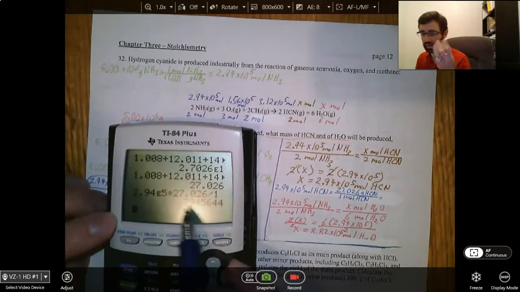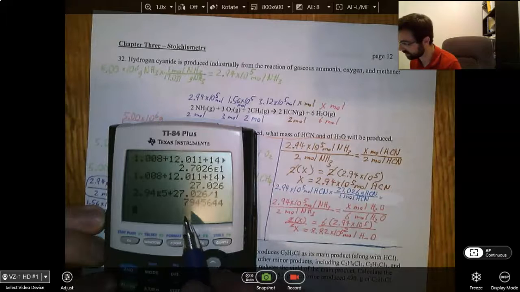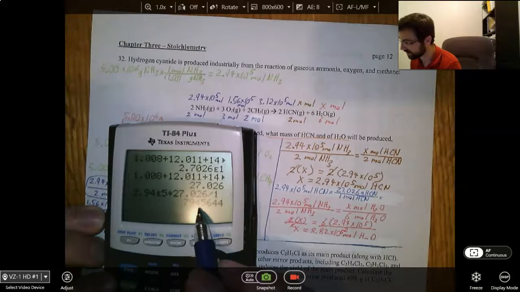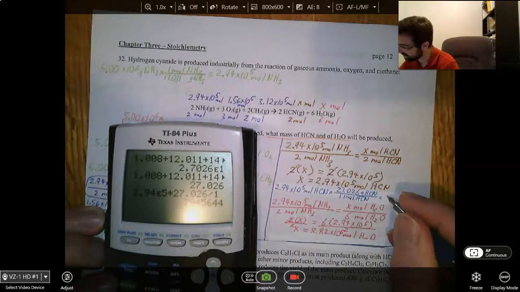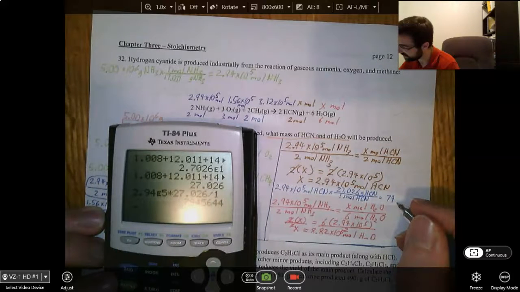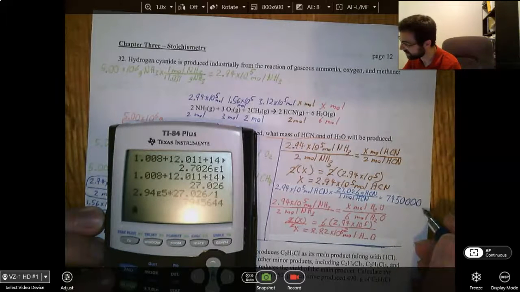I want to round it to 3 significant figures, so 794, and then I've got 4 zeros, and that rounds up to 5, so it's going to be 7,950,000, right? Yes. And it is grams of HCN.